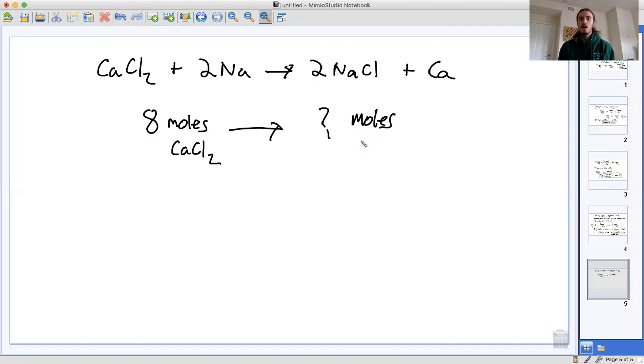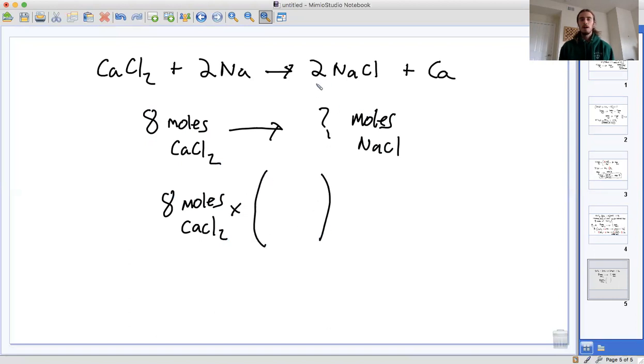moles of NaCl. So we're going to take 8 moles of CaCl2 and multiply by the ratio of these coefficients, right? So we're converting to NaCl, so we'll put the coefficient for NaCl on the top and the coefficient for what we're starting with, CaCl2, on the bottom.